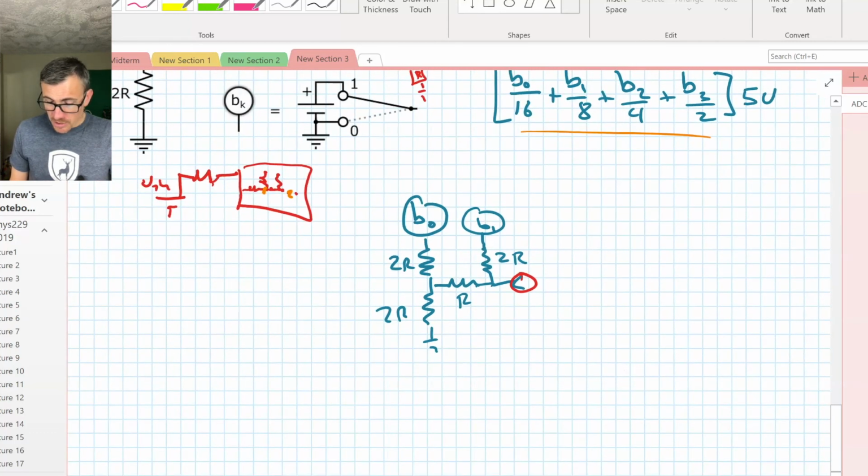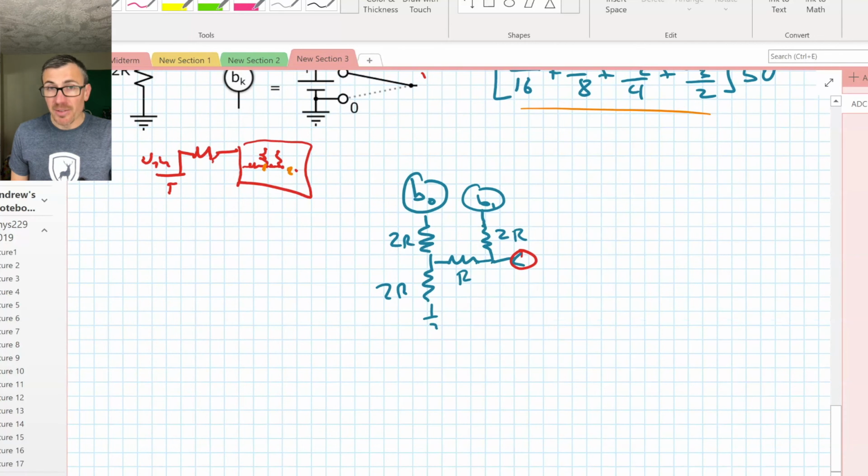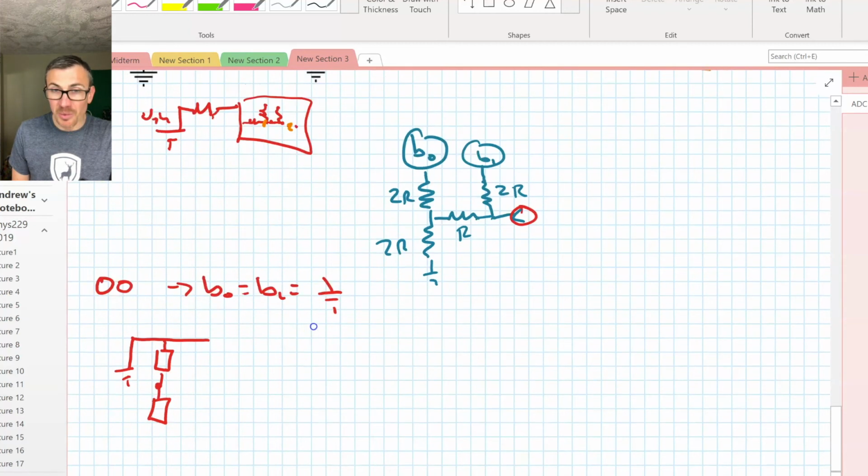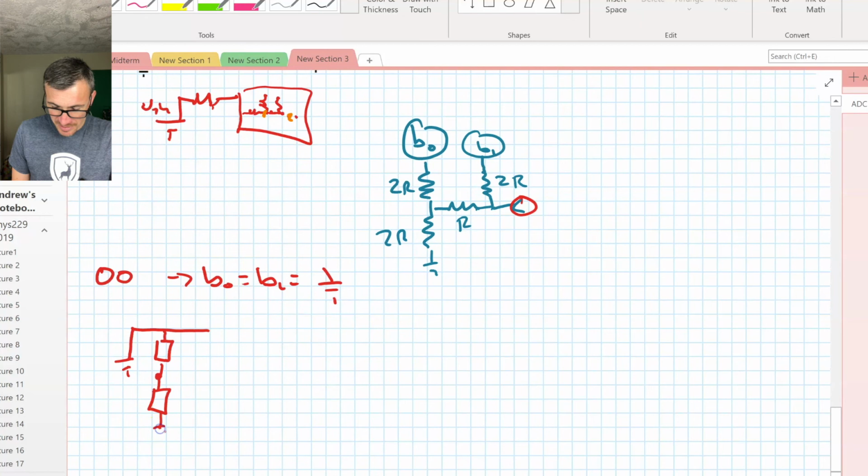Okay, so let's make sure that everything makes sense. Suppose first of all we put 0, 0. So B0 and B1 are ground. If we look at our circuit now, there's ground everywhere. These 2 things are tied together to ground. We have a resistor here. We don't even need to know what the value of the resistor is. That's ground.